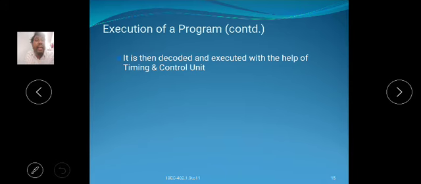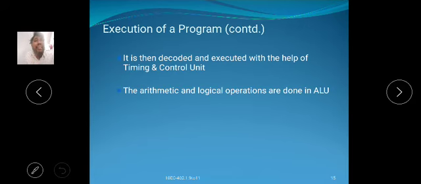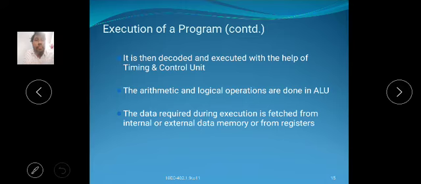and it is then decoded and executed with the help of the timing and control unit. The arithmetic and logical operations are done in the arithmetic logic unit, that is the ALU.